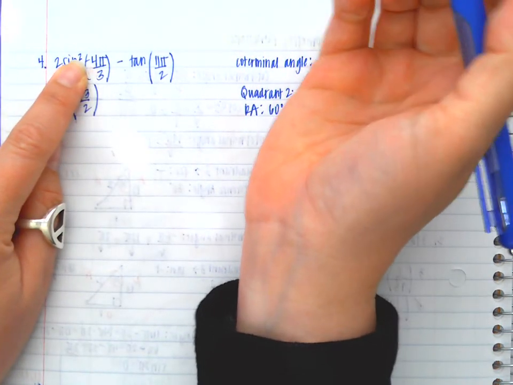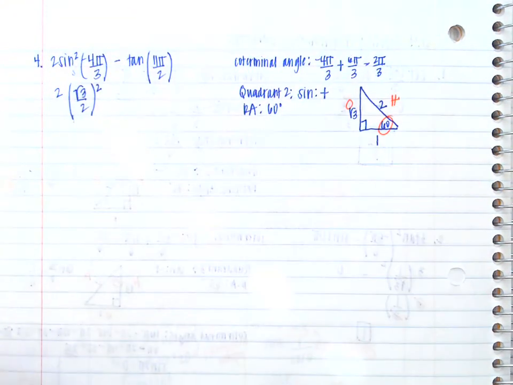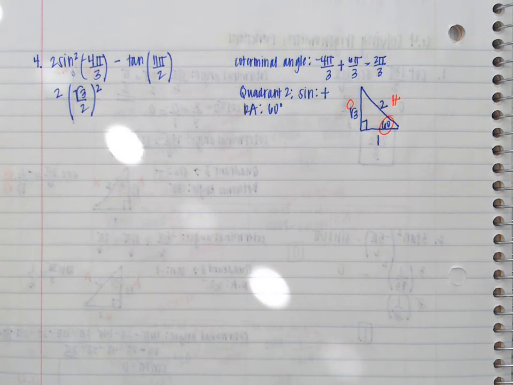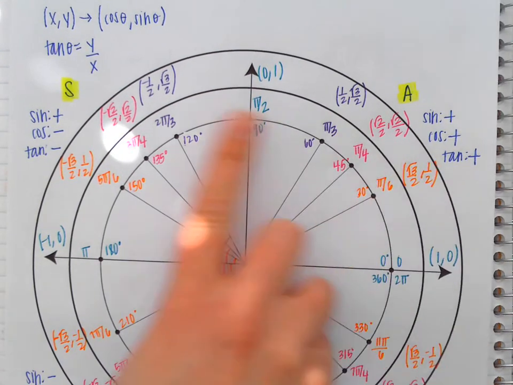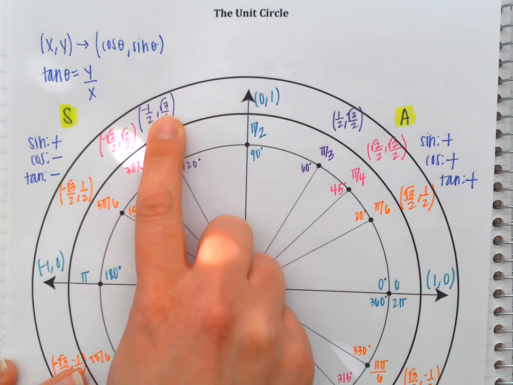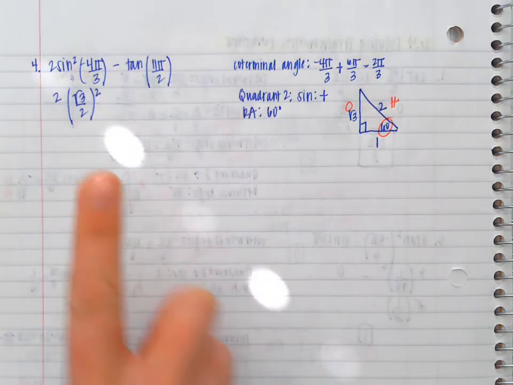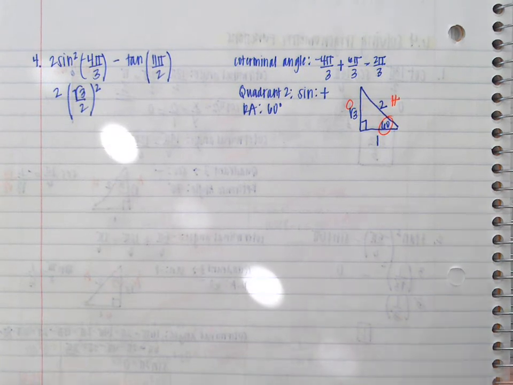Now, sine is squared, so we're going to square that whole thing. Now, again, I could go back to my unit circle, double check that that's right. So 2 pi over 3, sine is my y value, rad 3 over 2, which is exactly what we got here. Okay, then we need to go to 11 pi over 2.